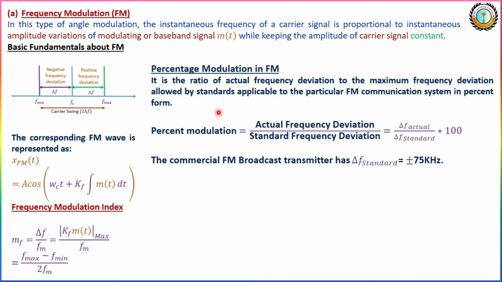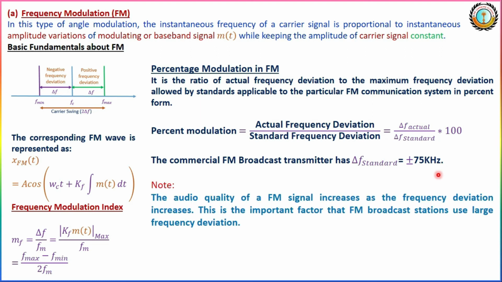So the percentage modulation is the ratio of actual frequency deviation to the standard frequency deviation. And we know very well that the commercial FM broadcast transmitter has a standardized frequency deviation of plus minus 75 kilohertz.